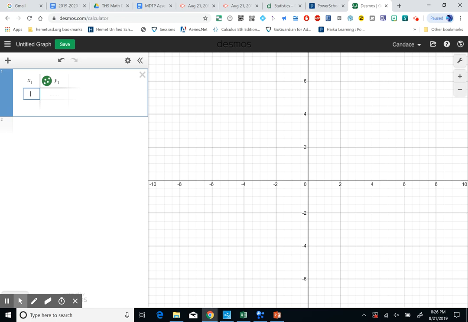They want us to enter the two sets of data, baby weight and mother's age. So we're going to make x sub 1 the baby weight and y sub 1 the mother's age.